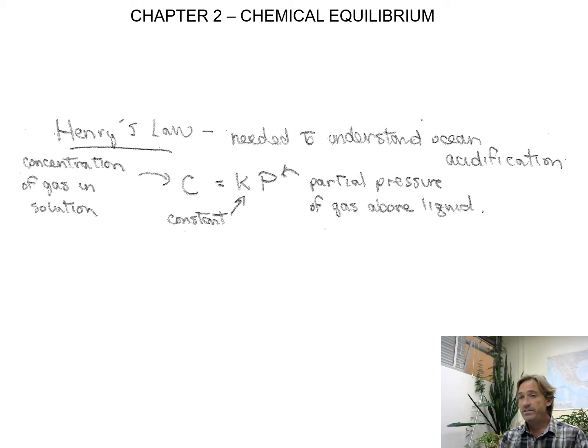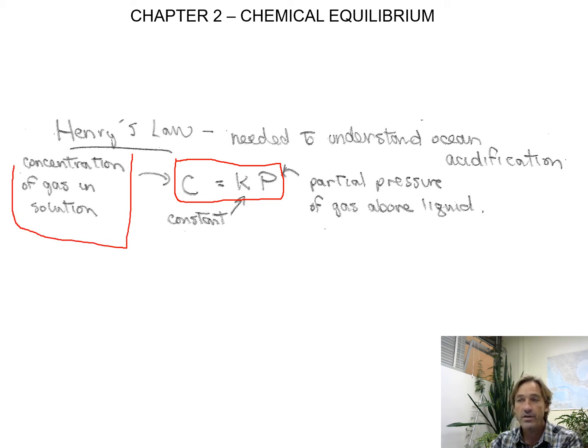And so before we continue, I just wanted to mention Henry's law. It's an important equation and relationship as we go forward, especially in understanding ocean acidification. And it's a very simple equilibrium type equation where it relates the concentration of a gas in solution, say CO2 in the ocean, with the partial pressure of that gas, say CO2 in the atmosphere, above the liquid.